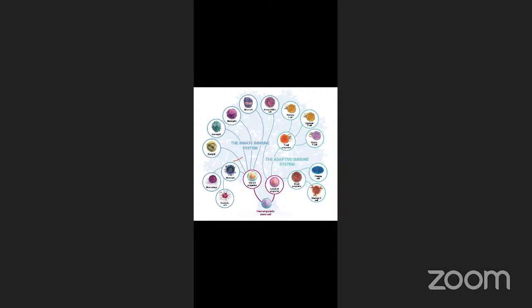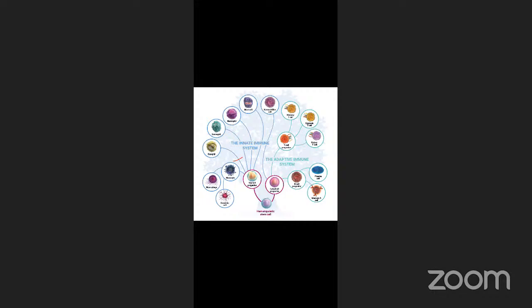The second one is the spleen. The spleen is also a secondary lymphoid organ. If we cross section the spleen, we can find three areas: red pulp, white pulp, marginal zone. In the red pulp, macrophages and erythrocytes are there, filtering blood-borne antigens.